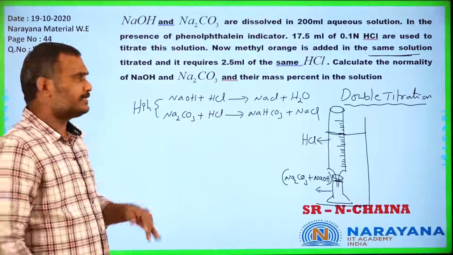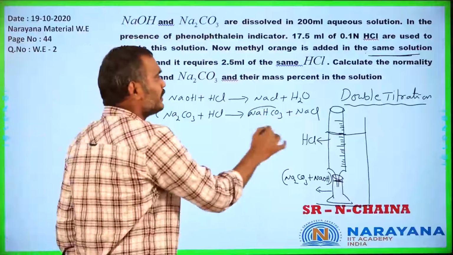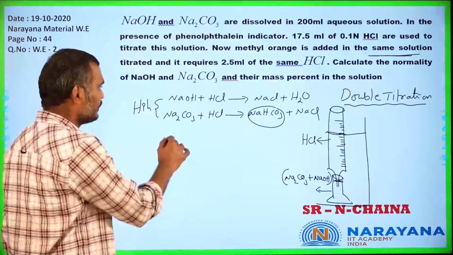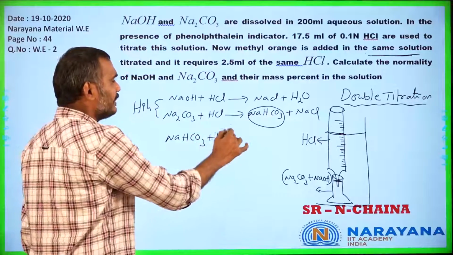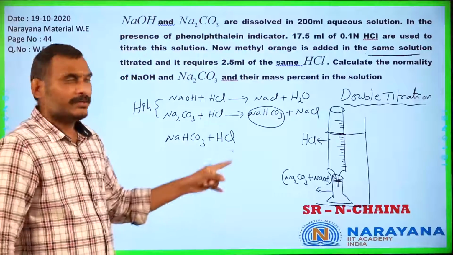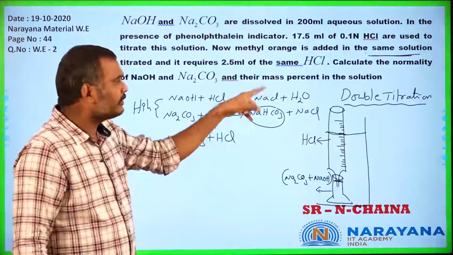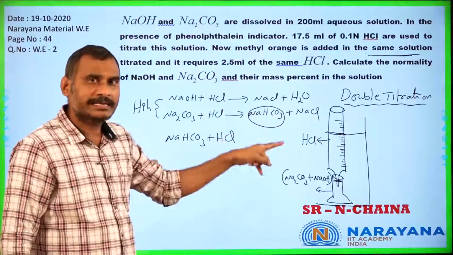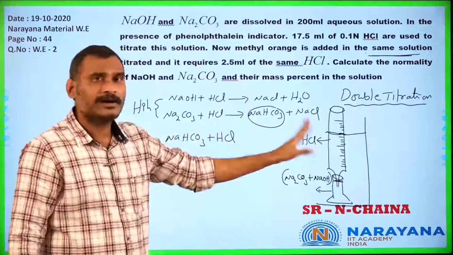In the next step, for the same solution, what is still present? Sodium bicarbonate is present. That sodium bicarbonate we again titrate with HCl solution, the leftover sodium bicarbonate-containing solution against the same concentration of HCl.